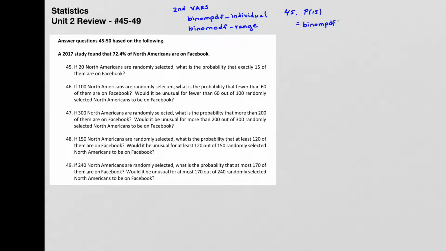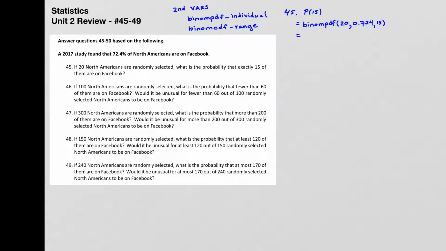All right, so we're using the binom PDF function, and it will ask you for the number of trials. In this case, that's 20. The probability of success for an individual trial is 0.724, because that's the 72.4%. And the number of successes we're looking for is 15.